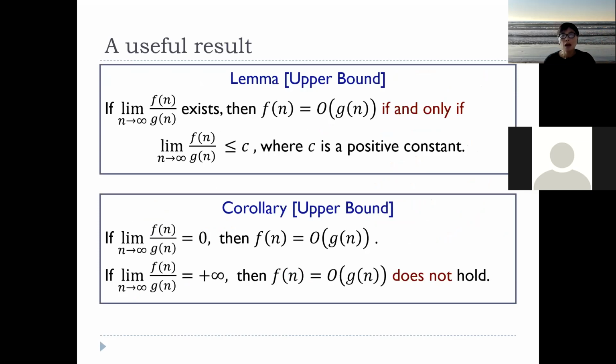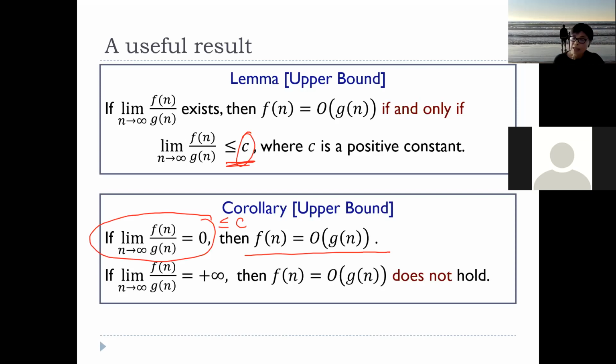The implication is that if the limit becomes 0, then clearly you can find a positive constant so that the ratio is smaller than the constant. If it's equal to 0, it's smaller than any constant, so f of n is in big O of g of n definitely holds. The converse is not necessarily true.